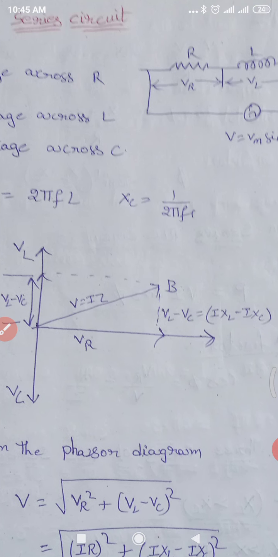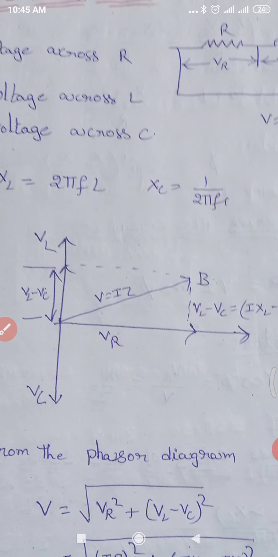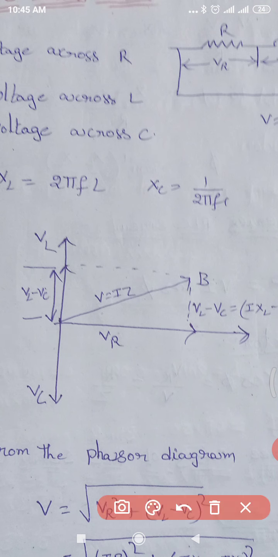Let us see how the phasor diagram is drawn for an RLC series circuit. Let us consider I as a reference, so I am drawing the I like this.